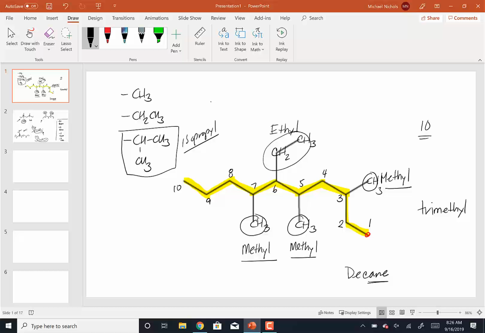So in this case, there's going to be a 3, a 5, and a 7 trimethyl. And so all 3 numbers have to be in front of a tri, even if 2 of the numbers are the same. Actually, even if all 3 of the numbers are the same.